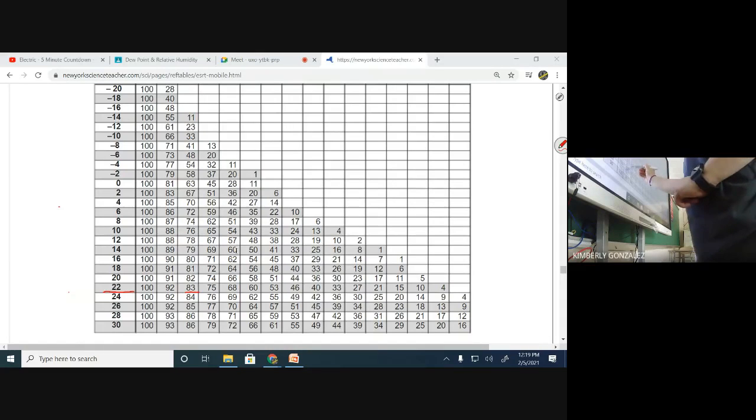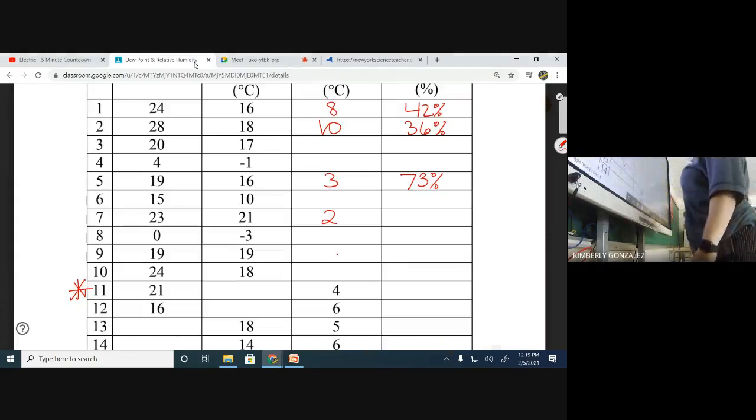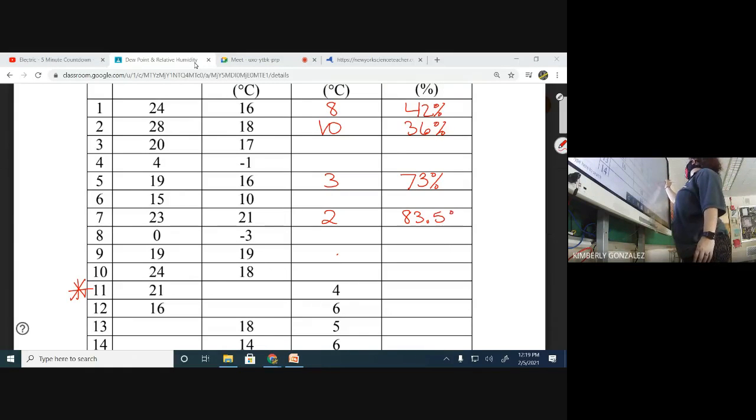What's halfway between 83 and 84? 83.5. Perfect. So this would just be 83.5.